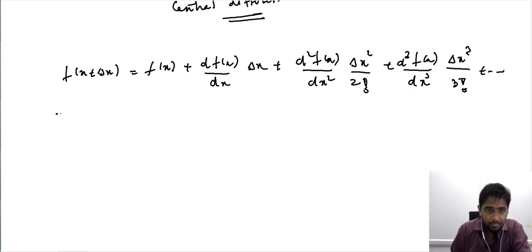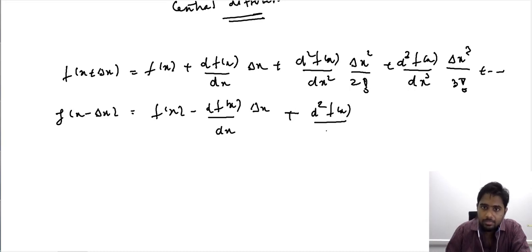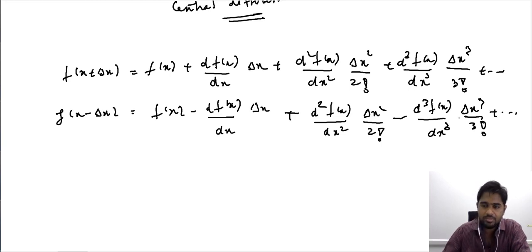And the f of x minus delta x will be of this form, delta x, and the second derivative would be, and the third term would be the third derivative of f of x with respect to x, and so on and so forth.